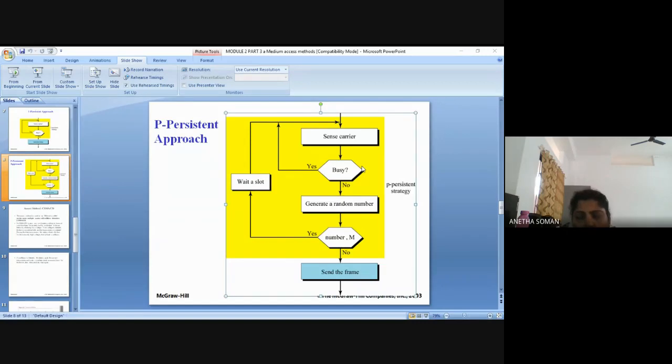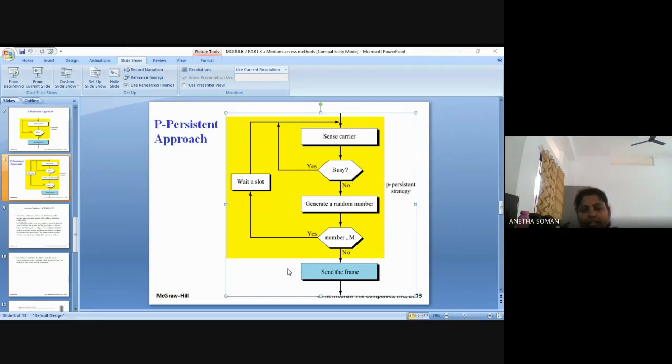When the line is idle, it will send the data with a probability P, and it refrains from sending with a probability 1 minus P. That is the concept of the p-persistent approach.